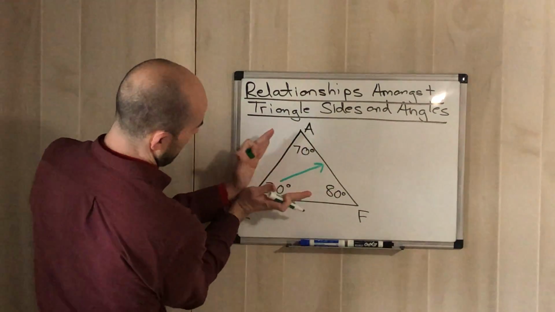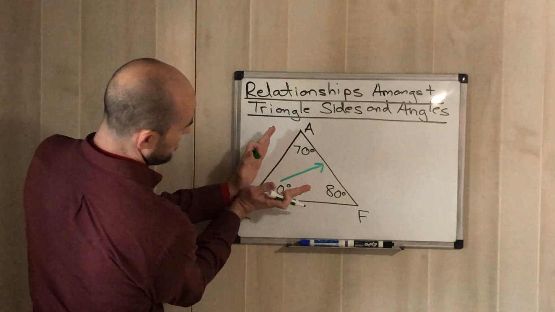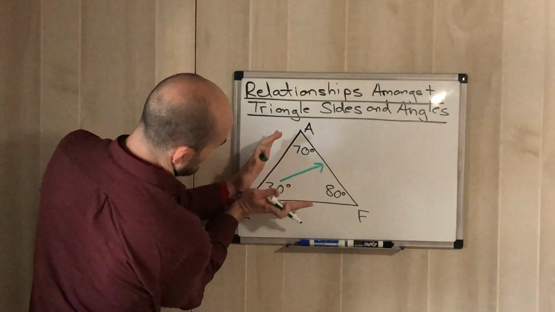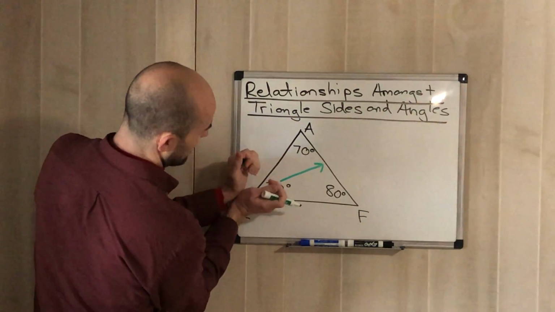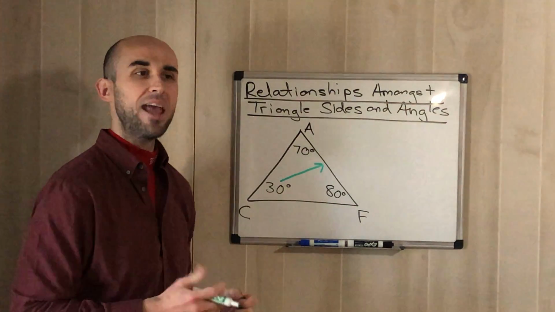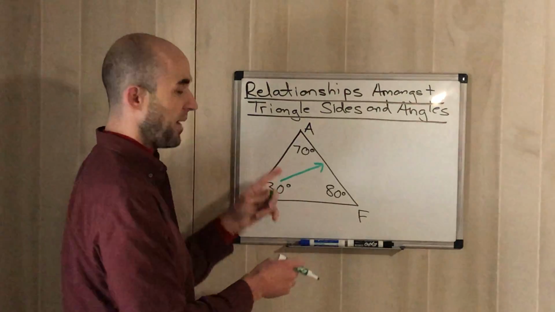So one thing that we know is if the angle is smaller, then that side is going to be smaller. The opposite is true. Whenever you have a big angle, it's going to create a big side.